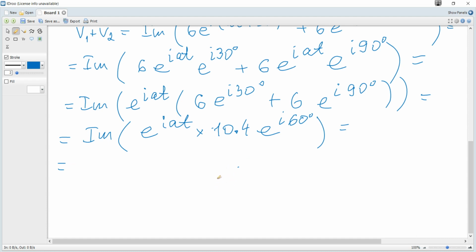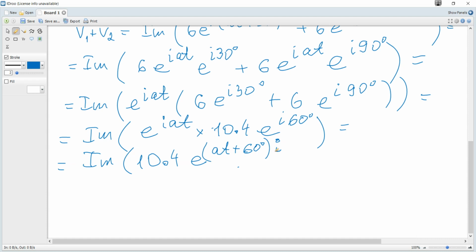So again, it looks like 2 to the power 3 multiplied by 2 to the power 5, and we know that it's 2 to the power 3 plus 5. So it becomes the imaginary part of 10.4 to 3 significant figures e to the power of the sum, and we can factor out i, so it becomes (80 plus 60 degrees) i.